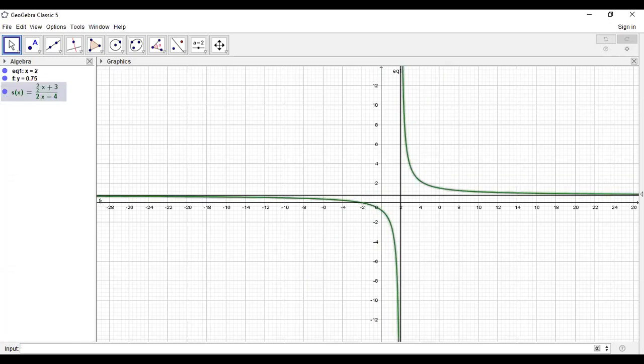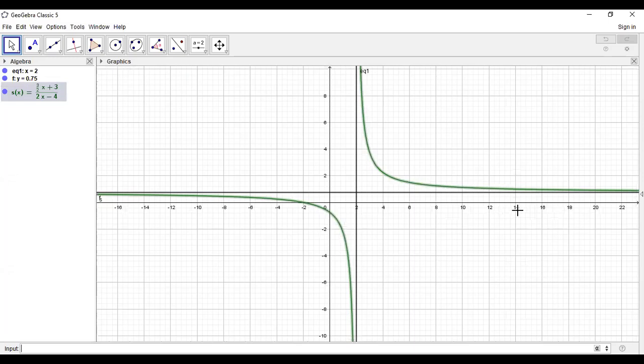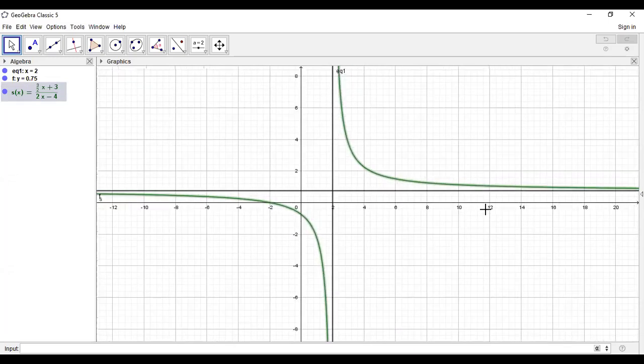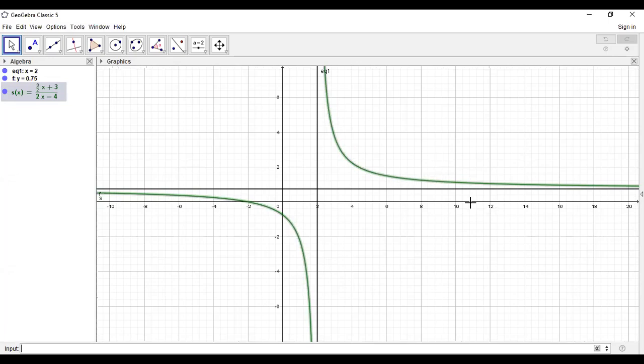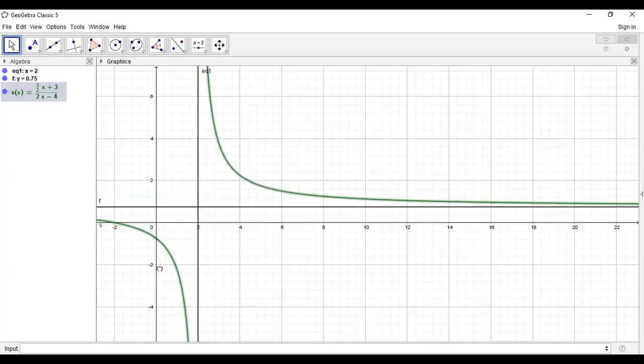Tama? Ayan siya. Okay. Yung graph natin for our rational function is in color green. Nakita niyo yung color green? Ano mapapansin nyo? Hindi siya tatama doon sa ating black. Ganon din sa kabila, ganon din dito sa baba. Hindi siya tatama sa black.